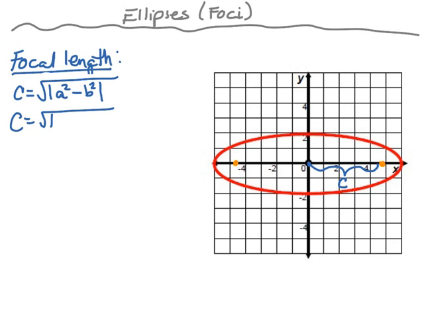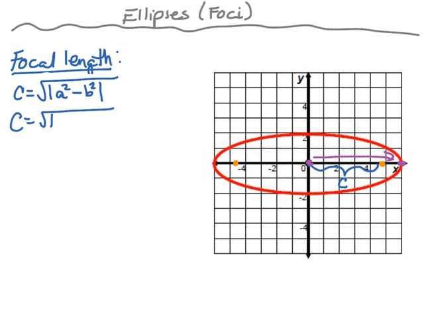So the first thing I need to do is find out what a squared is. Now remember, a is the horizontal distance, the distance from the center to these points called the vertices. So if I'm looking from here all the way to here, we're looking at a distance of 1, 2, 3, 4, 5, 6. So the distance from the center to this point over here is a horizontal distance of 6, but we need it squared.